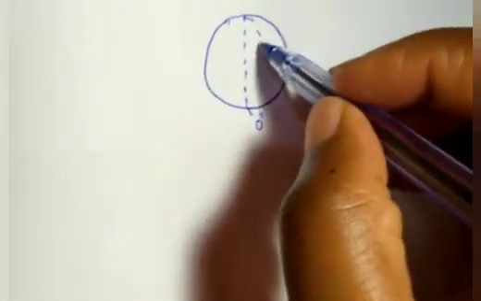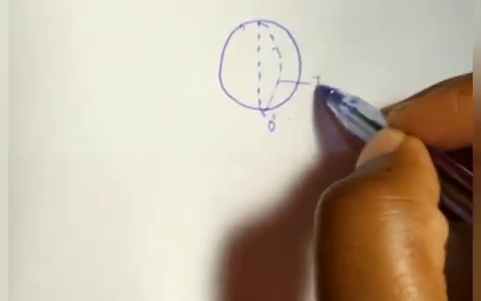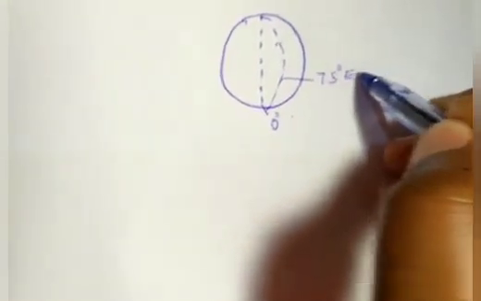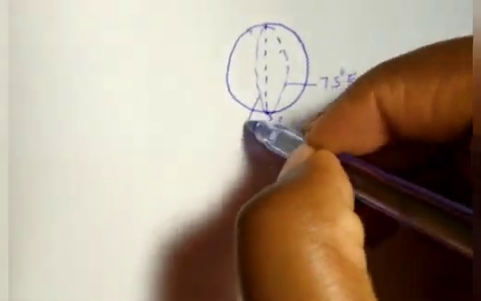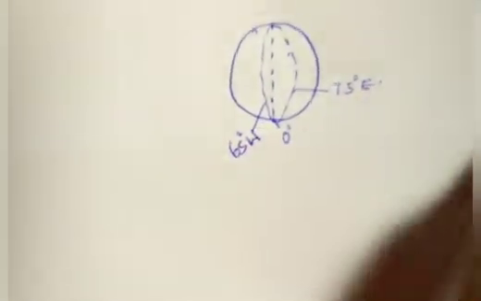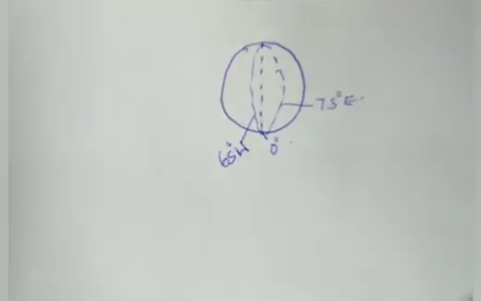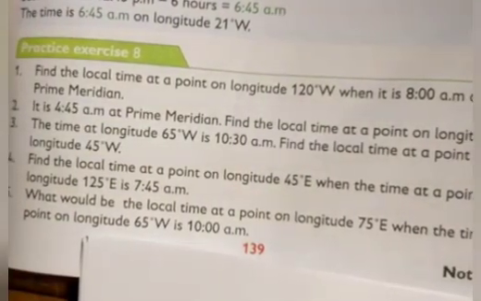Where is 75 degrees east? This is just a sketch. And then we have another longitude, 65 degrees west of the prime meridian, and the time at the longitude 65 degrees west is 10 a.m. So the time here is 10 a.m.